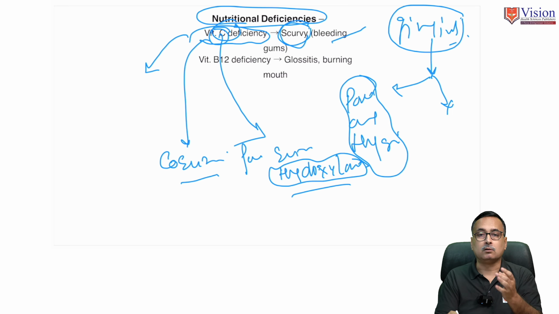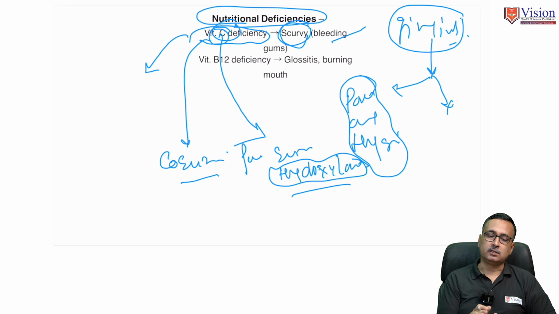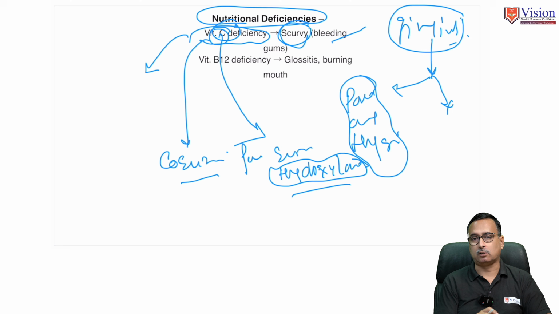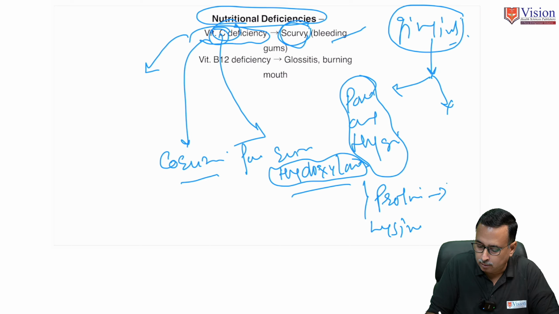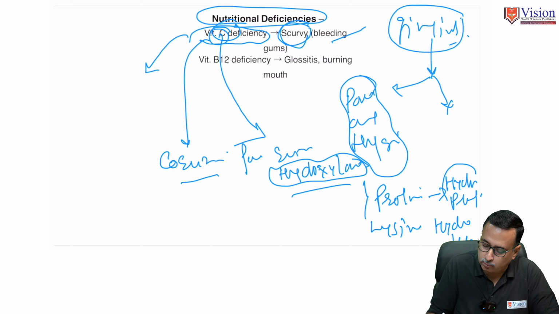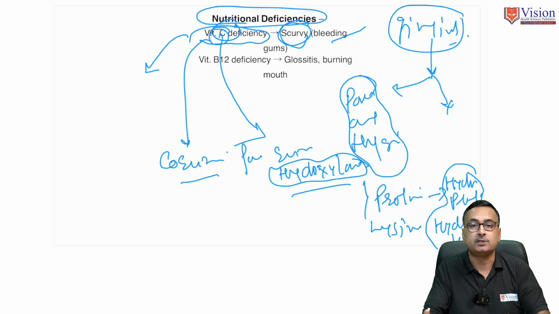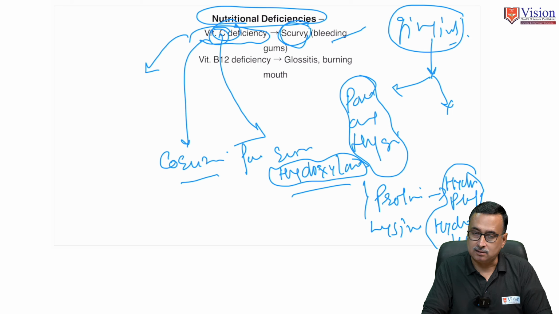What is the normal physiological role of hydroxylase? As the name suggests, this enzyme brings about the addition of a hydroxyl group to two amino acids, proline and lysine. These are converted into hydroxyproline and hydroxylysine, a post-translational modification of proline and lysine.